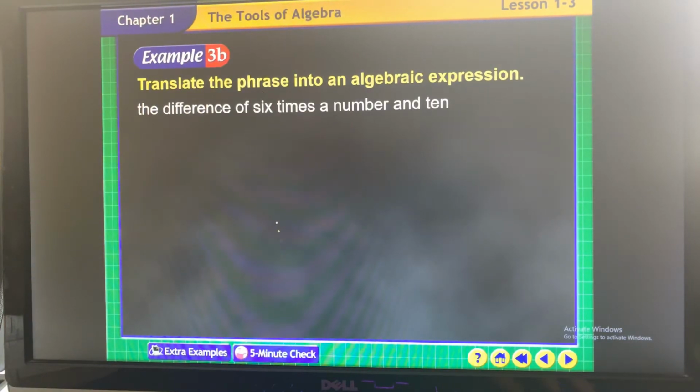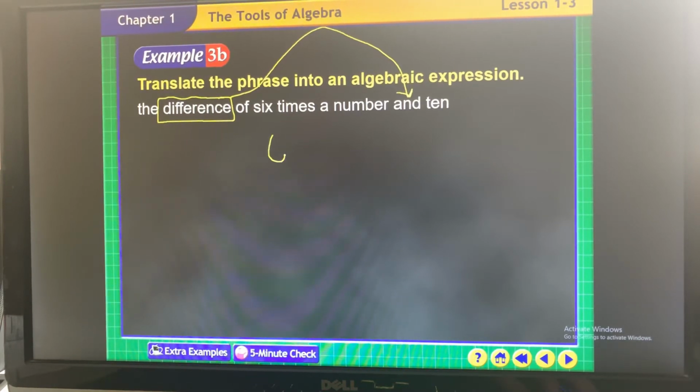The difference of 6 times... remember I said product, sum, difference, and quotient always connect with "and." So 6 times a number and 10. Notice I didn't write the multiplication sign. You don't need the multiplication sign.